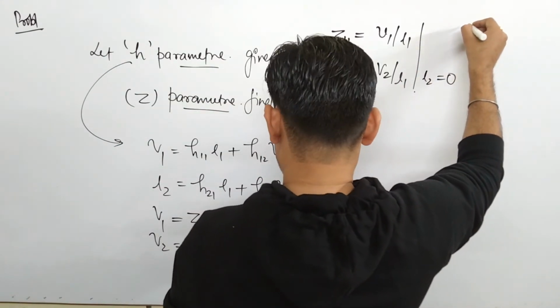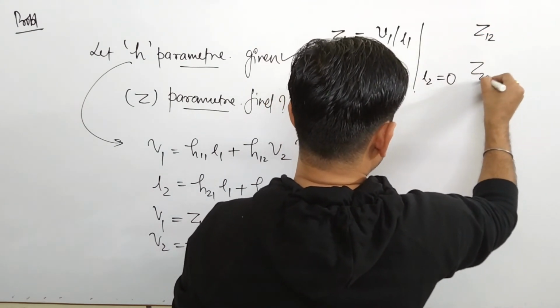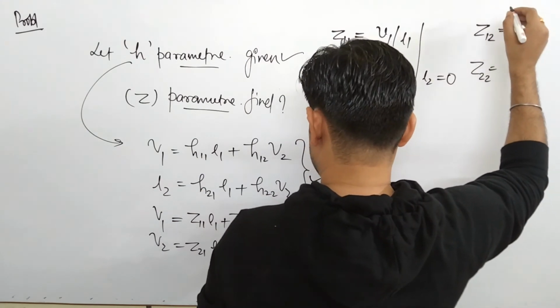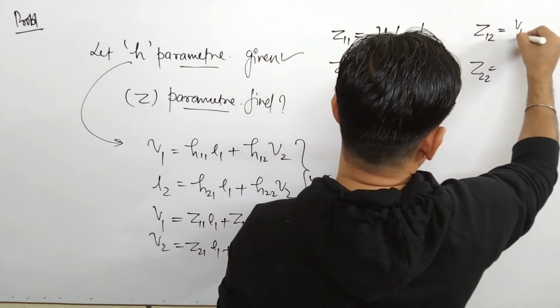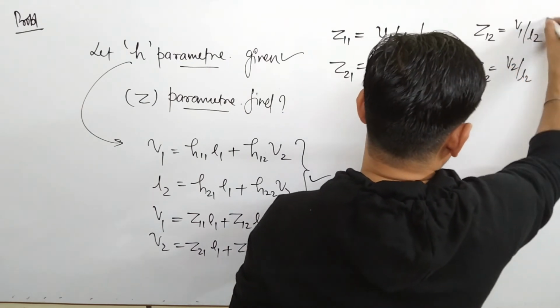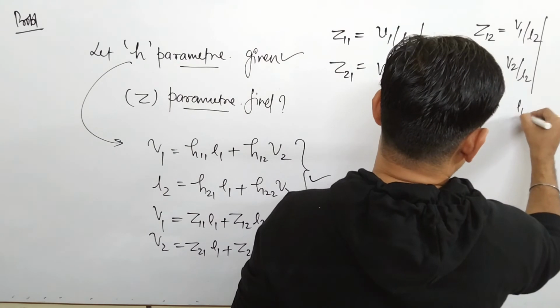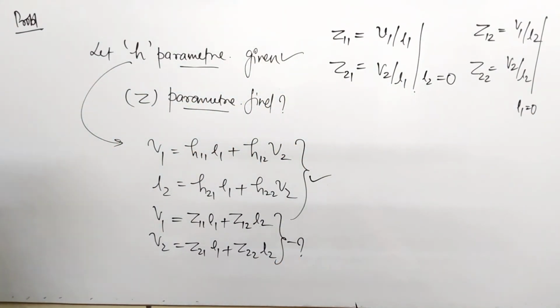Similarly, z12 and z22: z12 is v1 by I2 and z22 is v2 by I2 when I1 is 0.